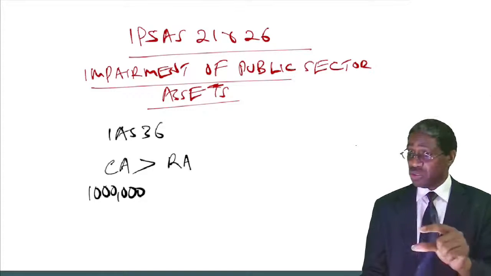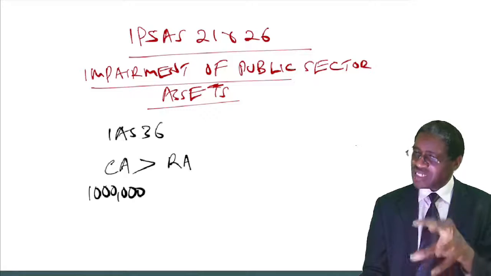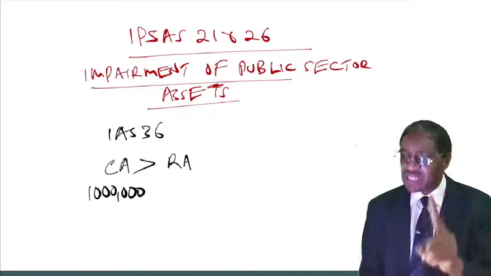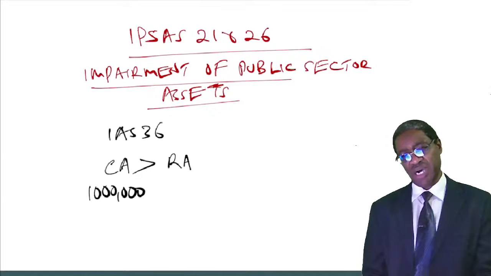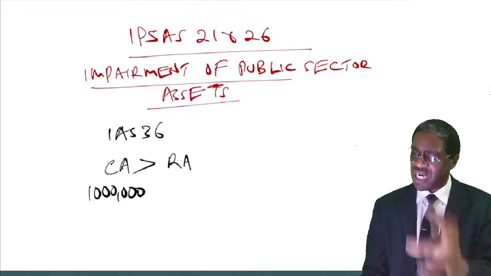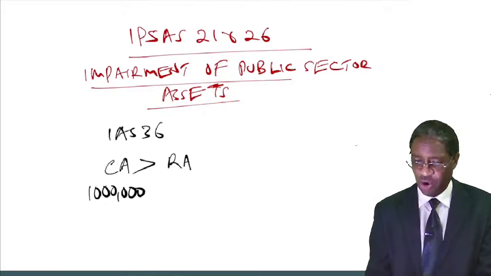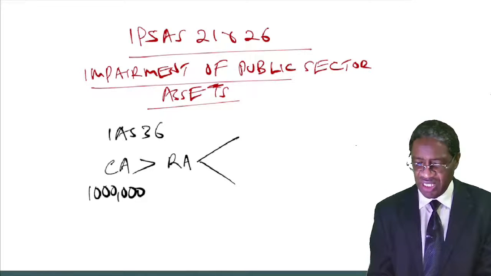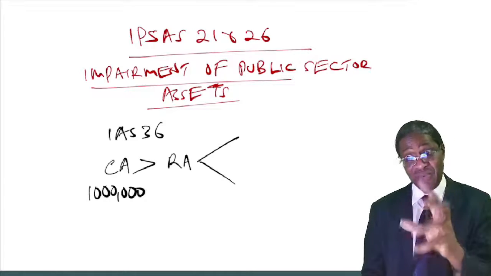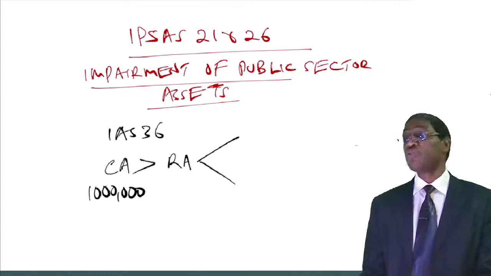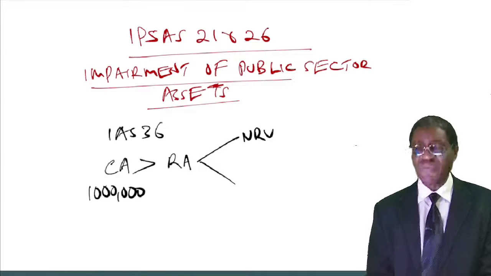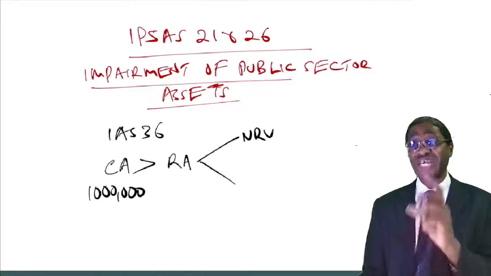And so, we want to know whether our asset has suffered. So you compare the carrying amount of that asset with its recoverable amount. And we said, to compute the recoverable amount of an asset, we normally compare two values. One of the values is what we call the net realizable value.